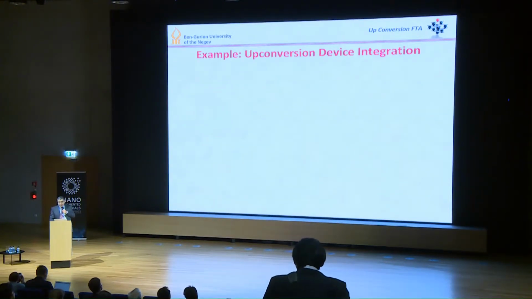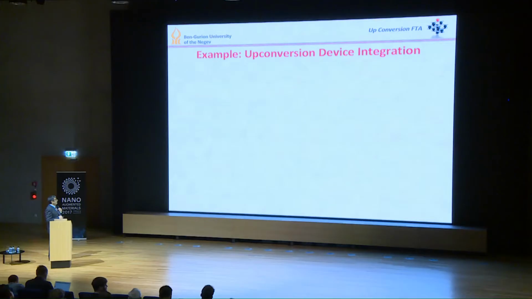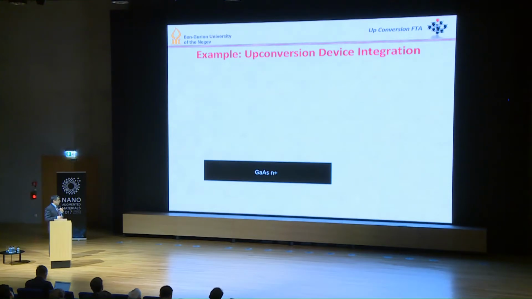I will just give you an example of how we can implement the idea of putting a transparent cathode, a carbon nanotube, on top of a device. This is a device that we are developing in my group at the university, and the basic idea is to have a device that can convert an infrared image into a visible image.